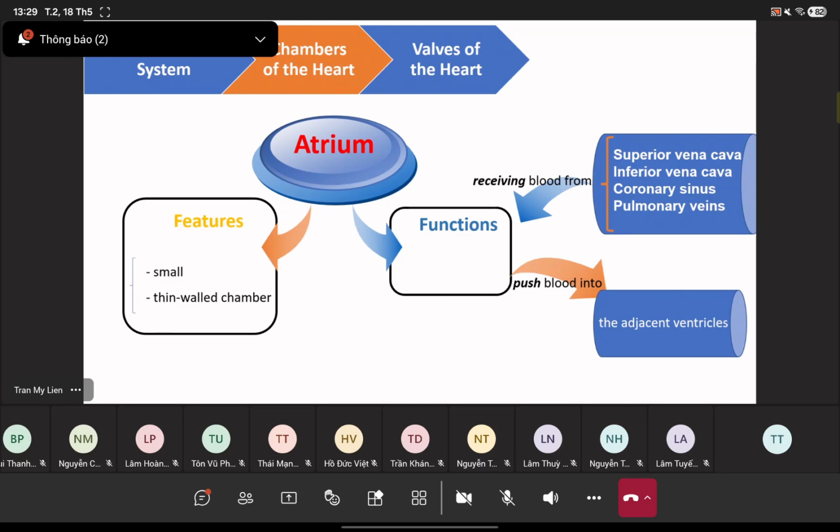The atria of the heart are small and thin-walled chambers, receiving blood from the vena cava and pushing the blood into the adjacent ventricles.